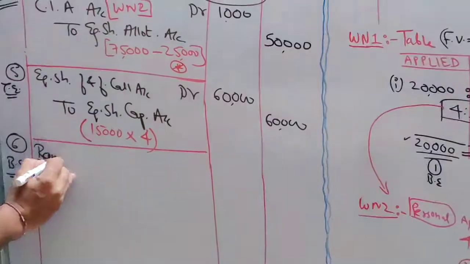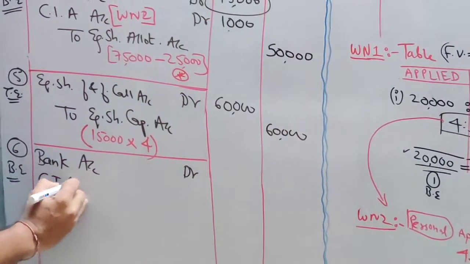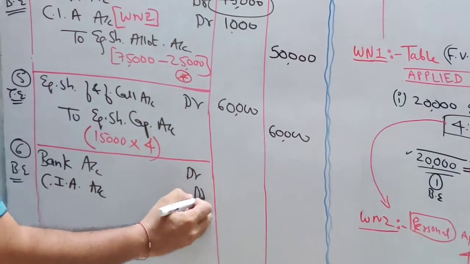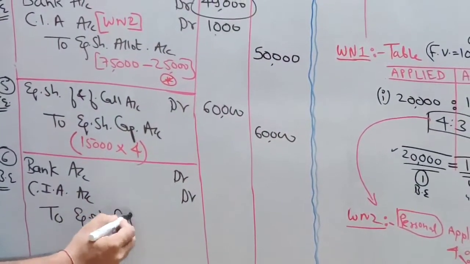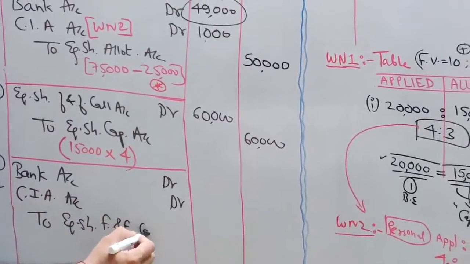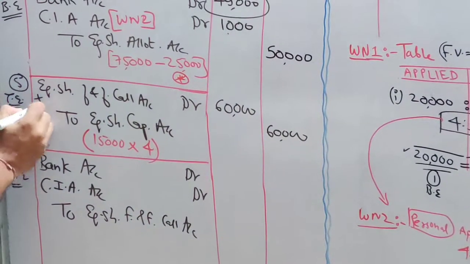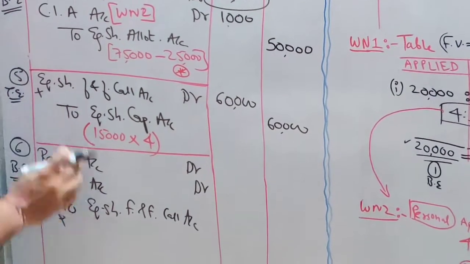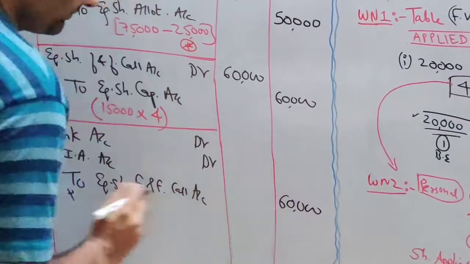So tell me the bank entry. Bank account debit, calls in arrears account debit to equity share first and final call account. Now since this is a temporary account, I want to cancel this. To cancel it completely, I will write the same amount 60,000.